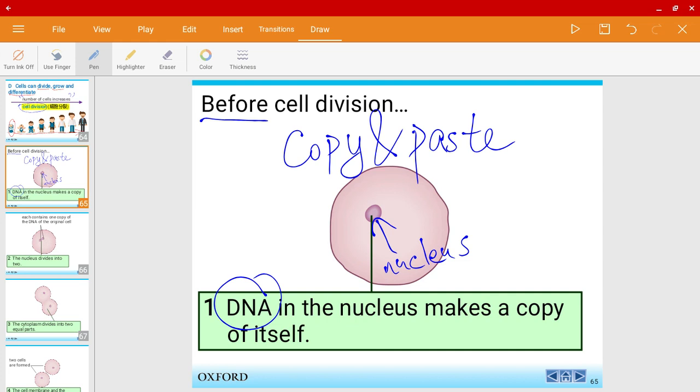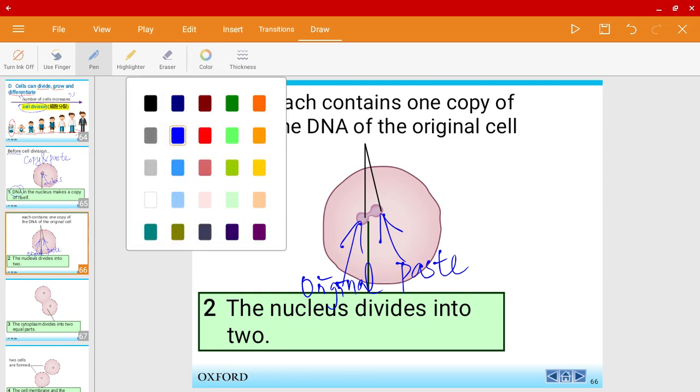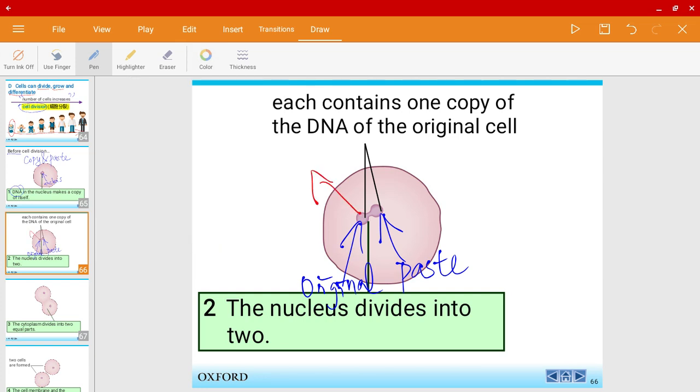It's the same thing the cell does. The cell will make a copy over here. For example, this was the original one, and then it would paste the same nucleus with the same DNA over here. Remember, it has the DNA inside. It's the same.